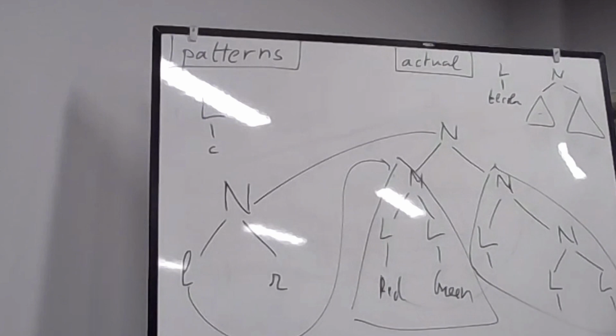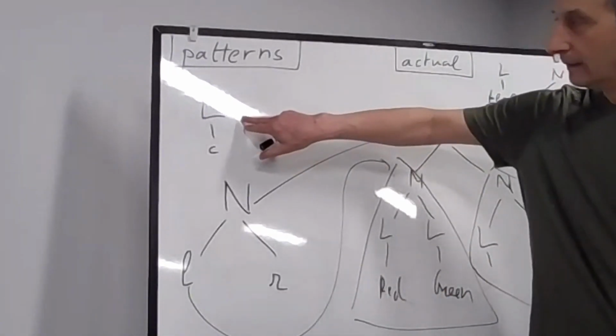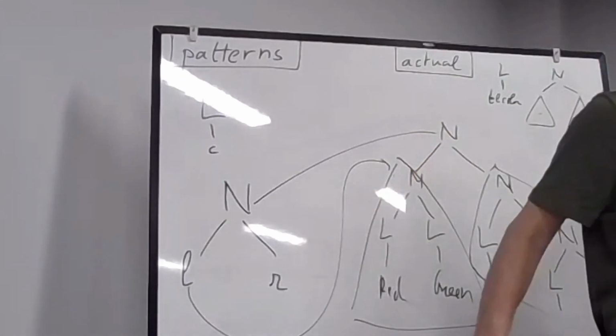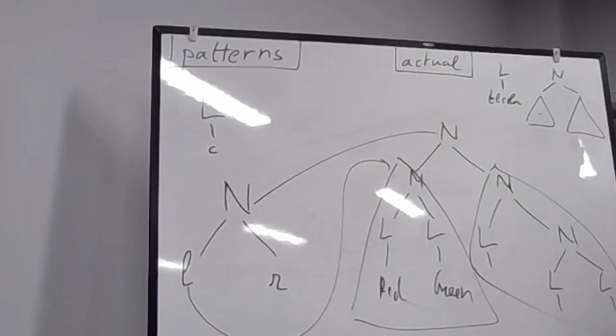At each stage, you ask whether you are in this pattern or in that pattern. For instance, suppose that you want to compute, say, the size of the tree. There are several ways to define it. Say, for instance, the number of leaves. Suppose we want to compute the number of leaves of the tree.